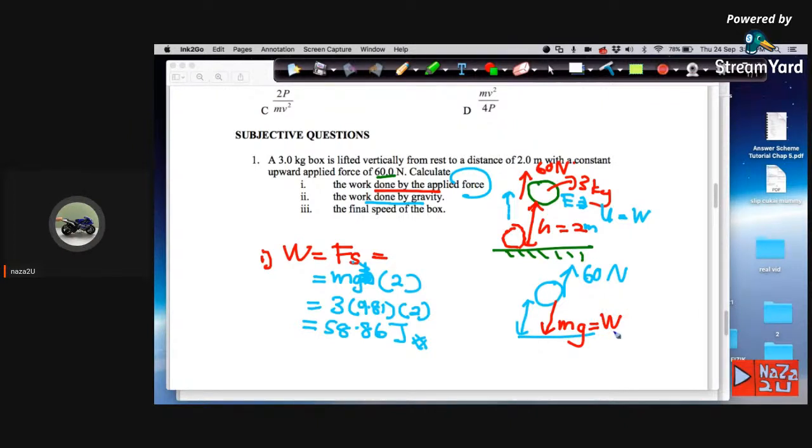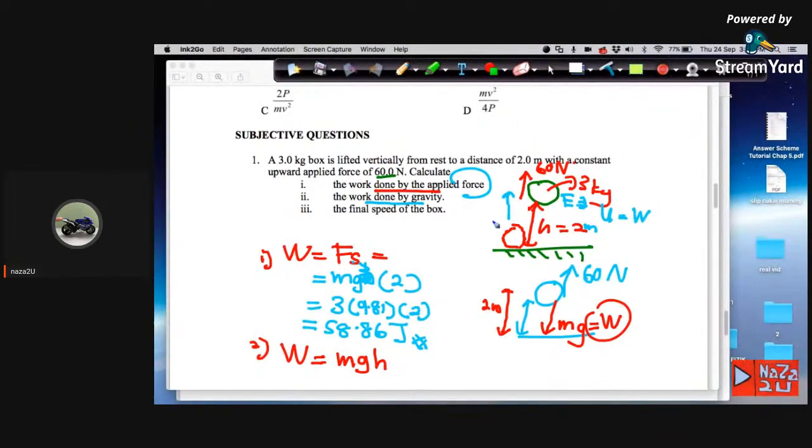This is a weight force mg, but the direction is opposite direction to the direction of the naik ke atas setinggi 2 meter. So kalau kita nak kira dia punya work done by the weight force here, or work done by the gravity, so we have a W is equal to, okay, sama juga mg, because direction of the weight force is downward, dan ketinggian dia, this is a h, ketinggian, right?